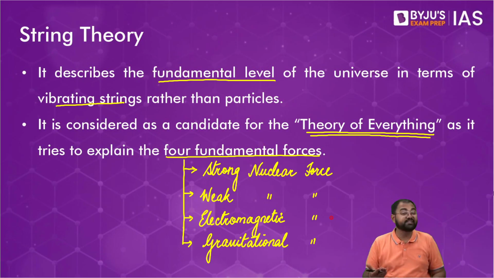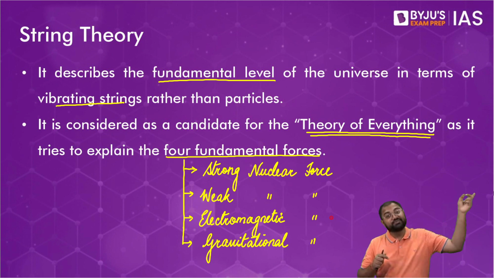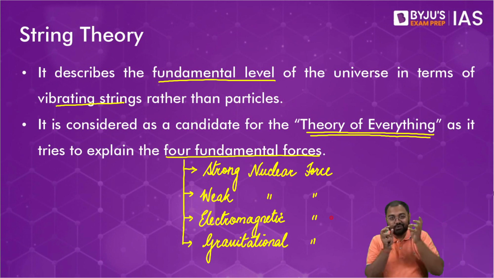But the theory of everything says that there must be a possibility that we can unify all these four forces through one single theory, or maybe through one single equation. Because when the universe started, it was all a single particle, right? There was one single small particle, and all these forces were unified. All the particles were unified. All the forms of energy were unified.